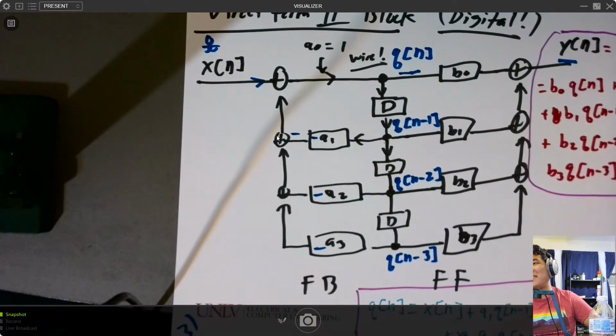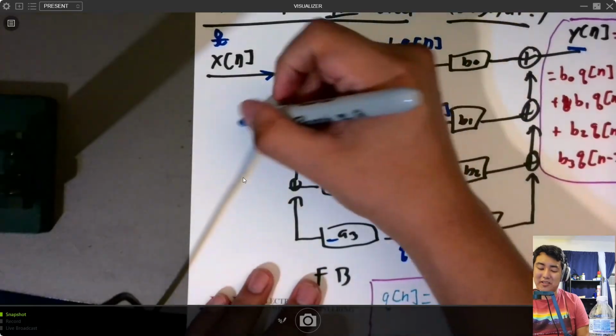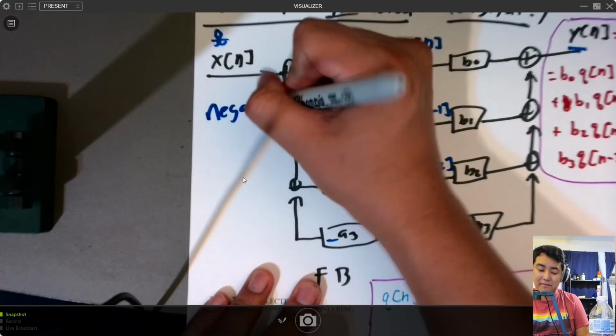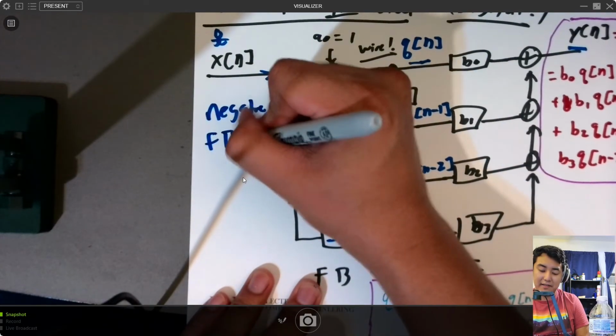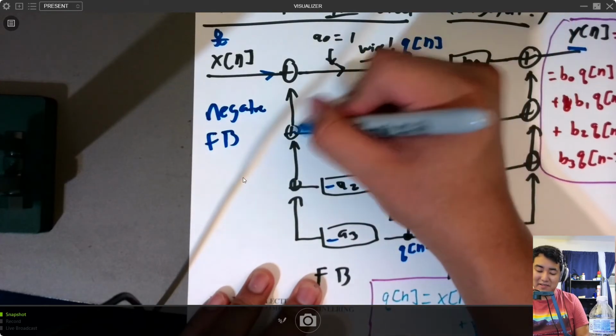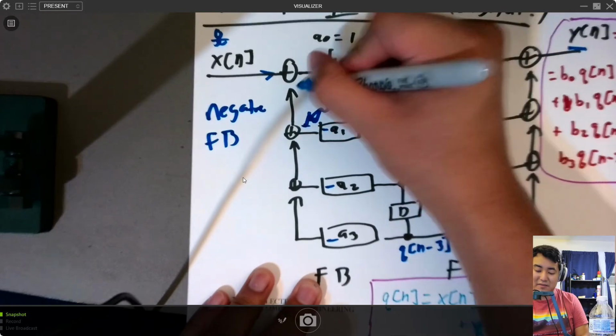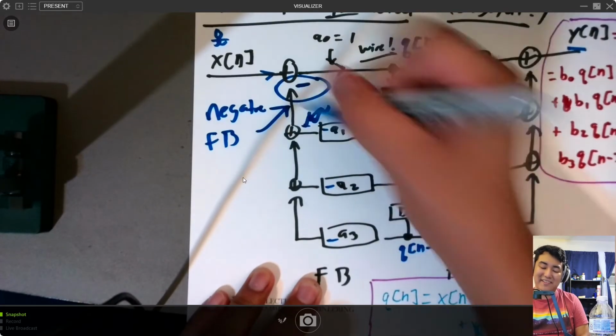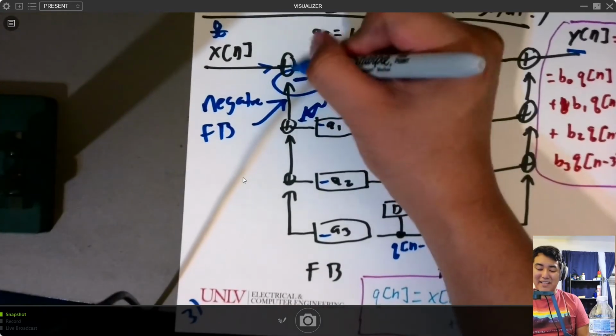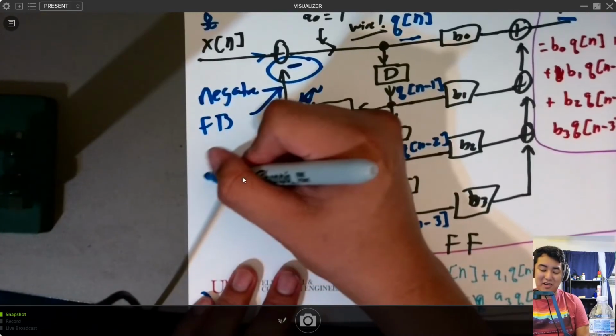But the point is, to make a feedback system work, you need to have negative feedback. So that means the minus has to be right here. There you go, I found it. You have a minus that goes through here. You remember your op amp.